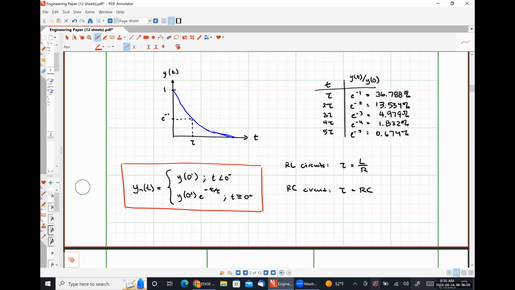Okay? Now we derived it specifically for inductor currents and capacitor voltages, but it will work for literally any voltage or current because Kirchhoff's current law and Kirchhoff's voltage law have to be satisfied. So effectively, if one of the signals in the circuit is an exponentially decaying thing, then all of them have to be.